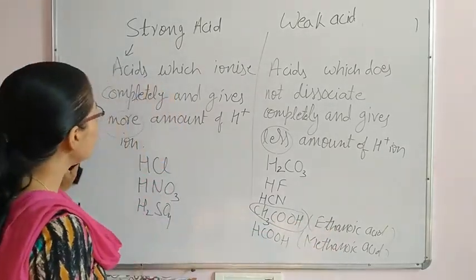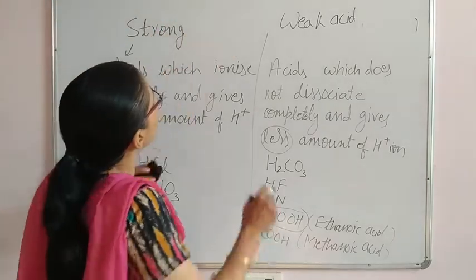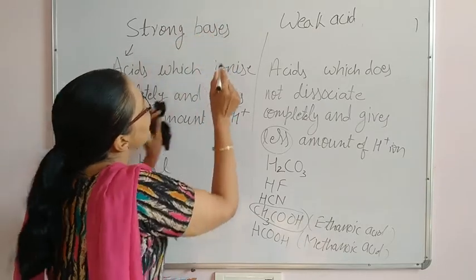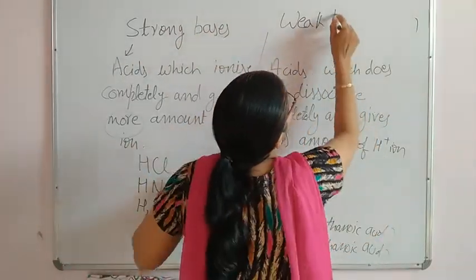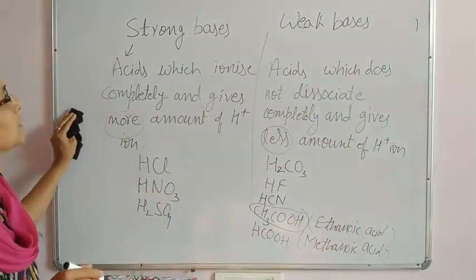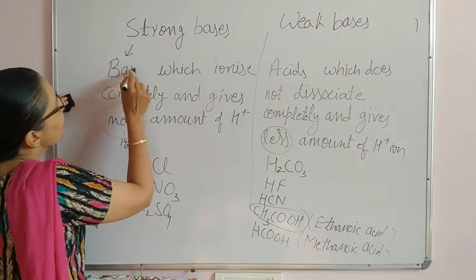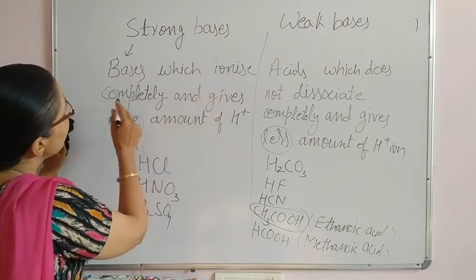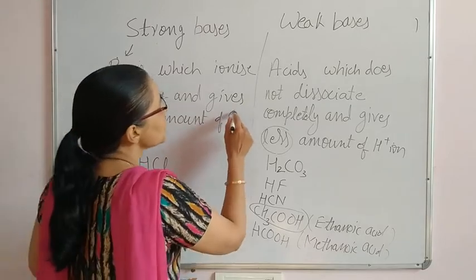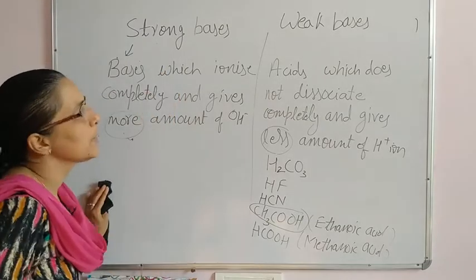Now, just like strong acids, we can read strong bases also. Bases which ionize completely and give more amount of OH minus ion are known as strong bases.